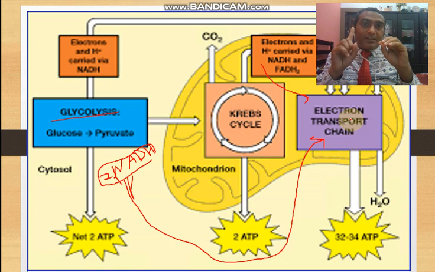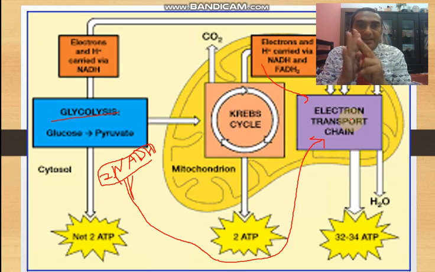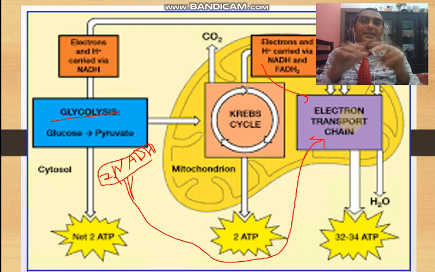So that is clear. One glycolysis produces 4 ATPs, and 1 Krebs cycle gives 1 ATP, so 2 Krebs cycles produce 2 ATP. So 4 ATPs from glycolysis and 2 ATPs from the Krebs cycle make 6 ATPs, and 10 NADH are utilized by the electron transport chain. 1 NADH produces 3 ATP, so 10 multiplied by 3 produces 30 ATP.